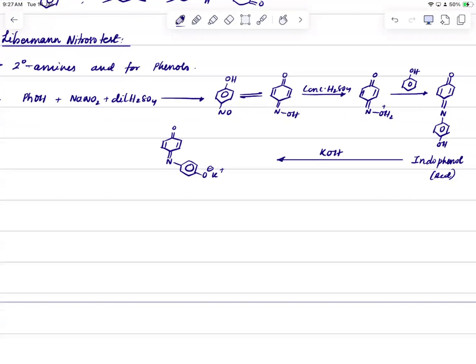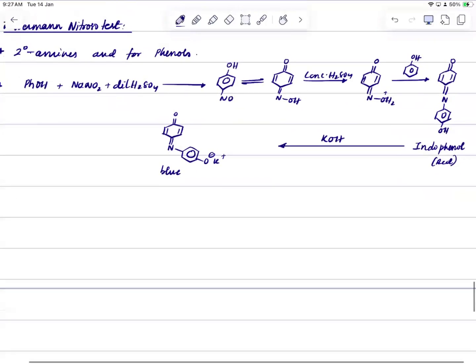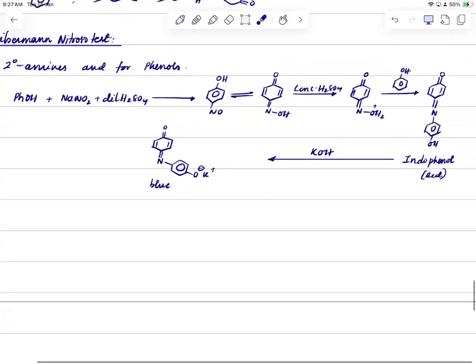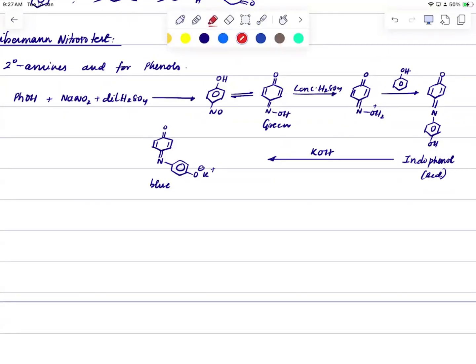Because of this new resonance form, it will appear blue color. This is also indophenol, which is blue color. Clear? So it has been observed. First, oxime is green color. Then we will come across red color. And lastly, it will convert into blue color.